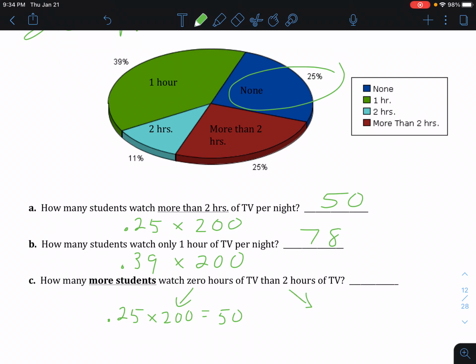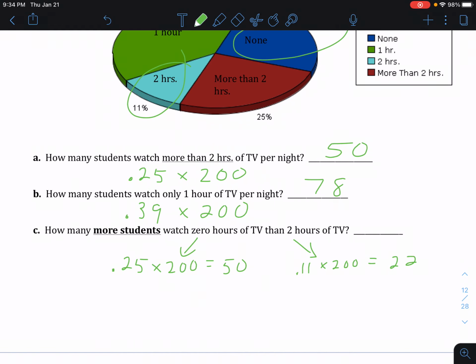And then 2 hours of TV, that would be the 11%. So 0.11 times 200 will give you 22 people. To answer the question, how many more, you have to subtract 50 minus 22, and that would give you 28. So 28 more students watch 0 hours of TV than 2 hours of TV.